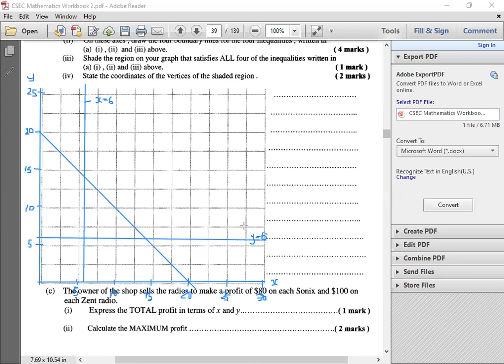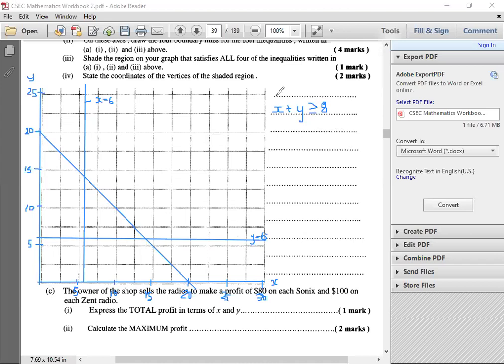So anytime you get a line of this nature, say it was x plus y being greater than or equal to 8, it's going to be from 8 on the x to 8 on the y.